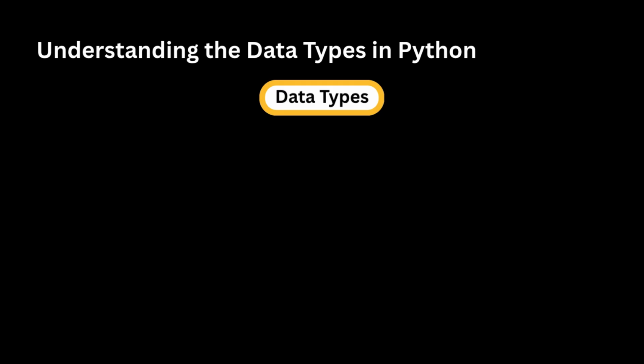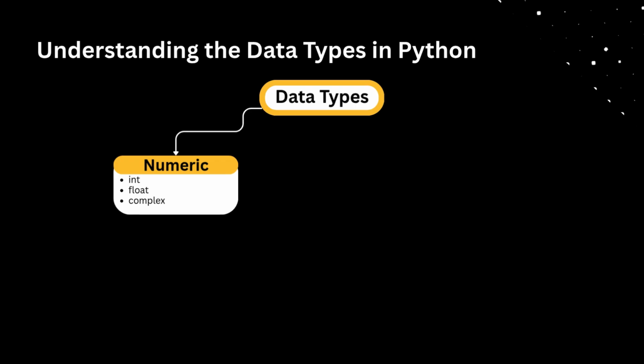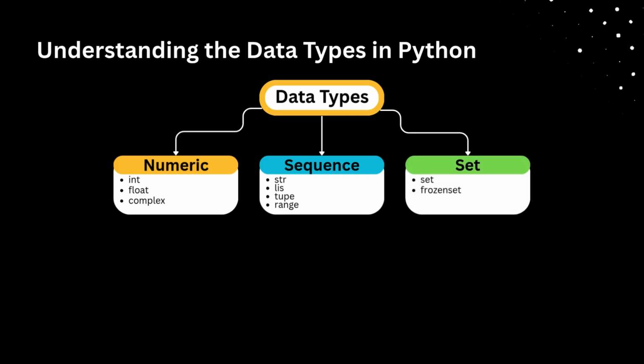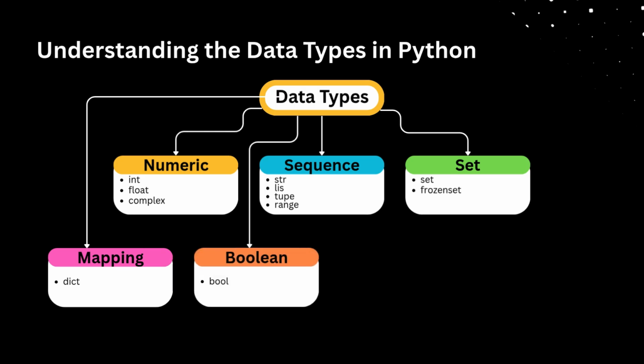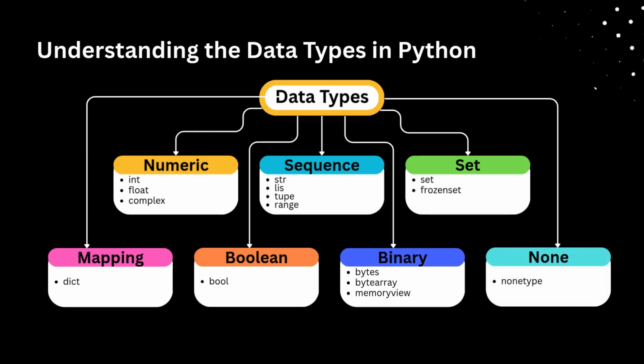Python provides several commonly used built-in data types such as numeric types, examples int, float, complex; sequence data types, examples string, list, tuple, range; set data types, examples set, frozenset; mapping data type, and the example is dictionary; boolean data type, example is bool; binary data types, examples are bytes, bytearray, memoryview; and none type, example is NoneType. In the following section, we will discuss these Python data types in depth using various examples.